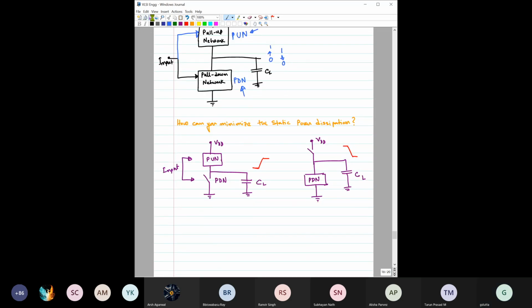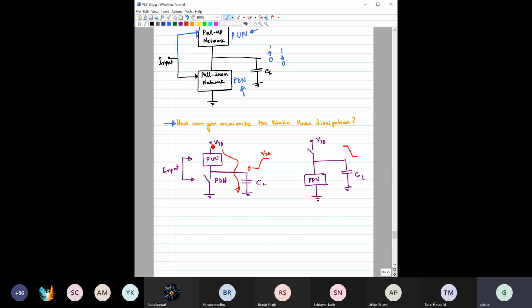Now, again, as I have written here, how can you minimize the static power dissipation? Suppose you can choose your pull up and pull down networks such that when the capacitor is getting charged, so the capacitor voltage is rising from 0 to VDD, during this time the pull down network is open.